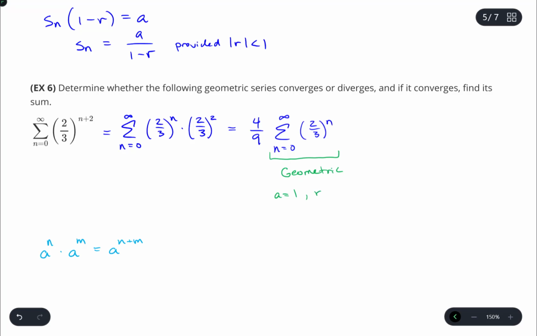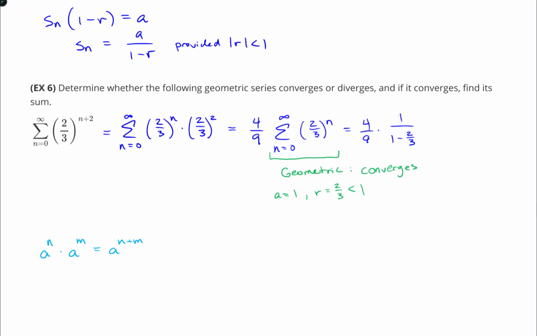What's most important is r. R in this case is 2/3. And that is less than 1. And because it's less than 1, this series converges. And it converges to a over 1 minus r.